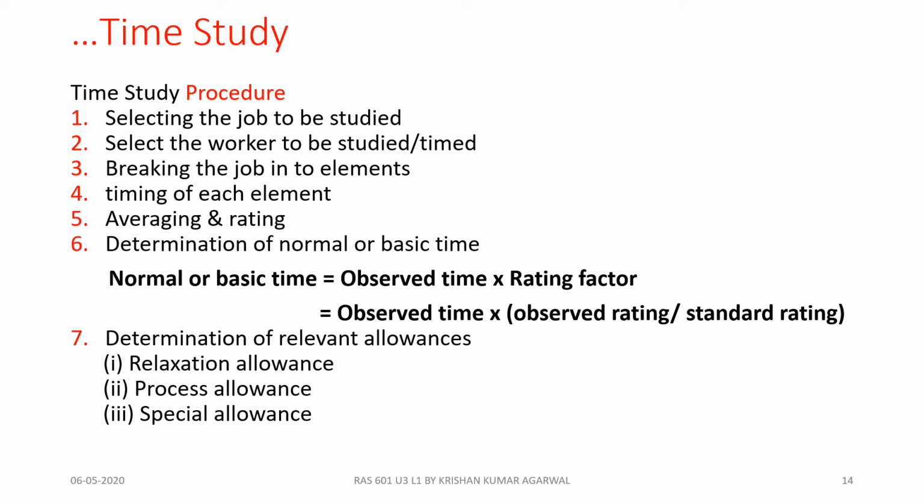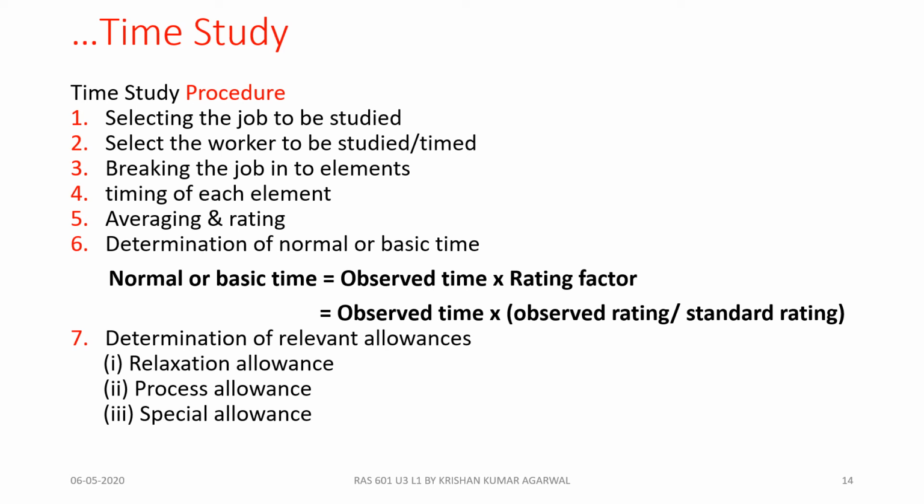The rating factor is the factor that gives management knowledge about whether the worker is doing their work at a normal rate, a faster pace, or a slow pace. For this, the rating factor can be calculated by using the observed rating of the workers and comparing it with the standard rating.